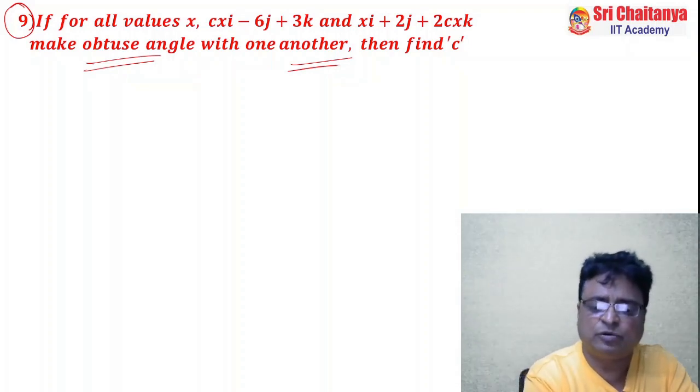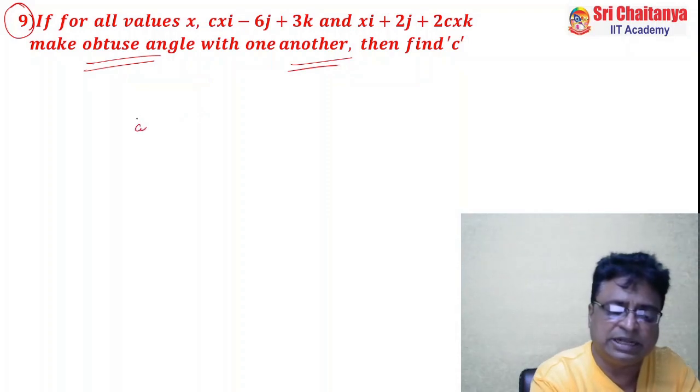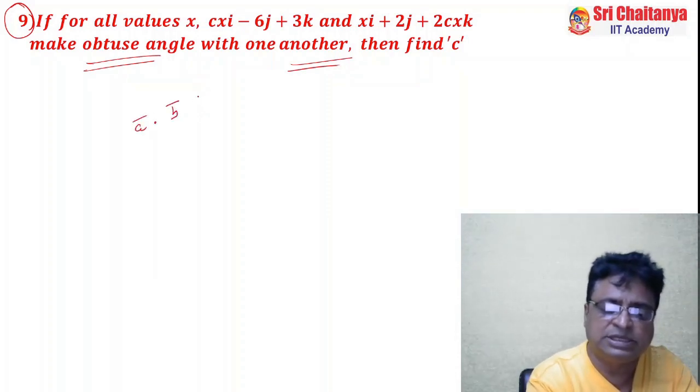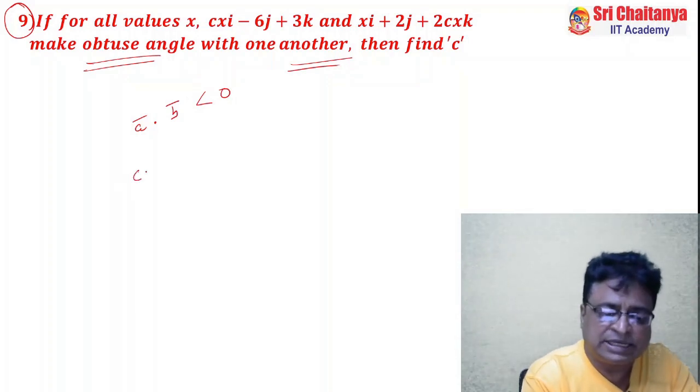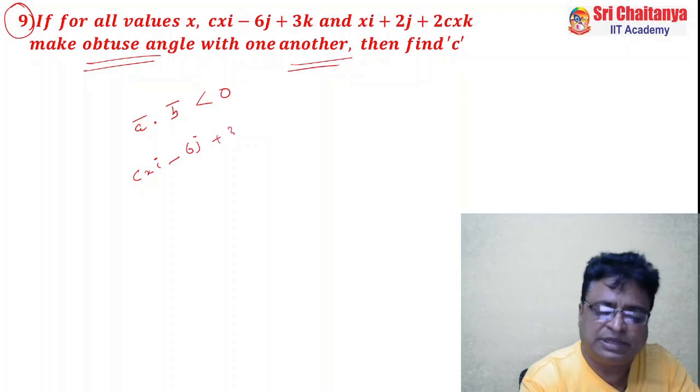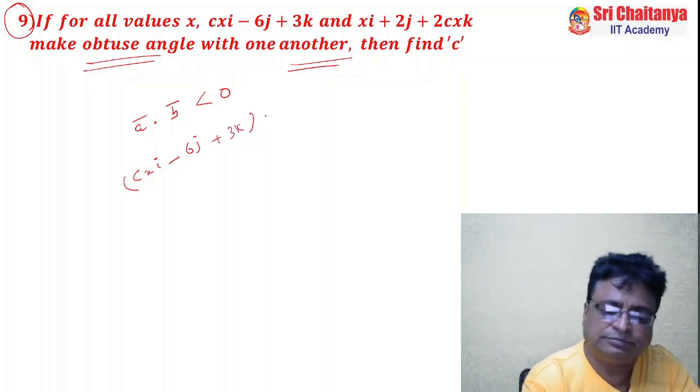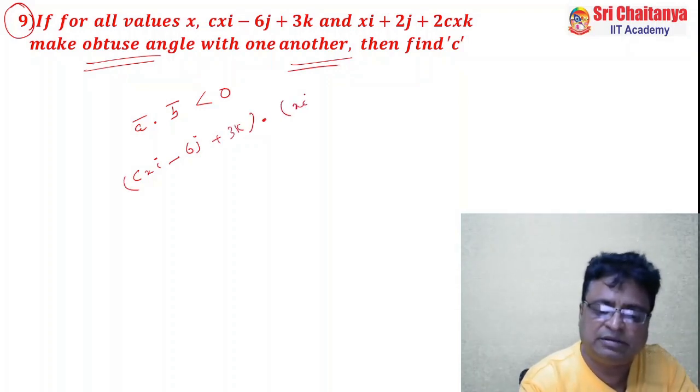There, whenever two vectors make an obtuse angle, the dot product between the vectors is always negative. So, (cxi minus 6j plus 3k) dot (xi plus 2j plus 2cxk) is less than 0.